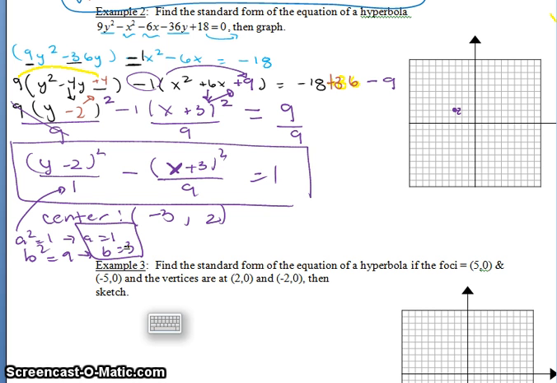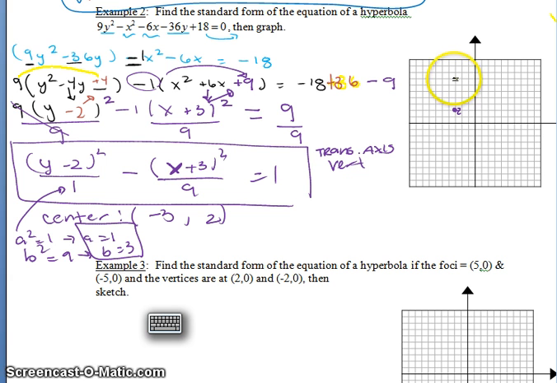Remember, since the y comes first, that tells me that the transverse axis is vertical. Along the transverse axis is where the vertices are going.